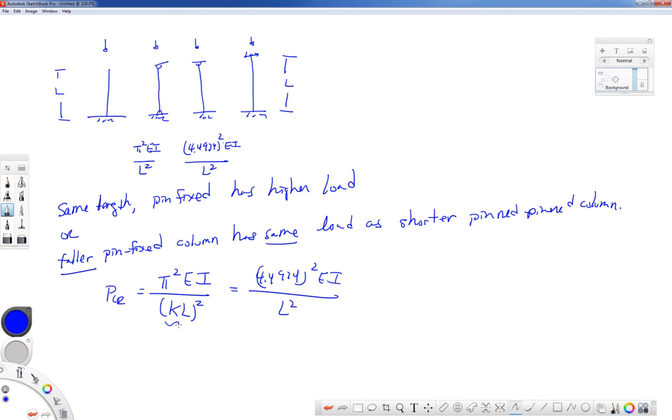So I have to be a little careful here. We should just say this is the effective length. And those different values are going to be over here: 2.0, 1.0, 0.7, and 0.5.